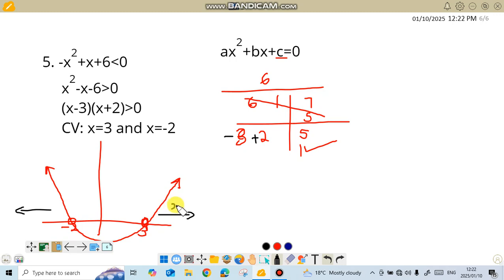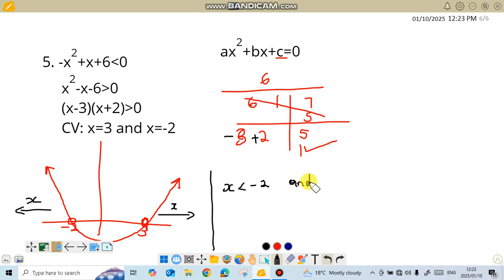So when you write the solution here, you say the values of x on this side are less than negative 2. Any value on the left side will be x less than negative 2.